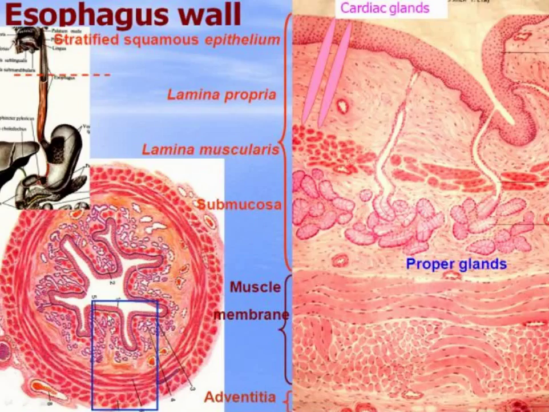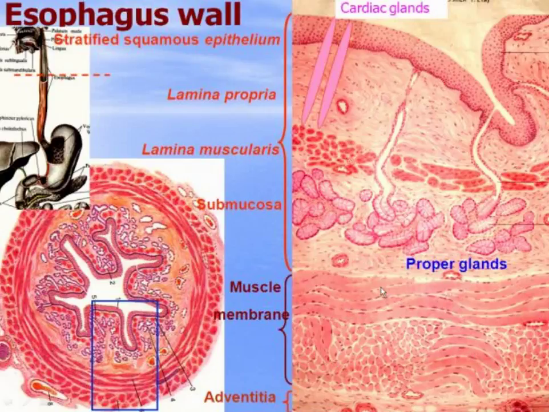This picture demonstrates the structure of the esophagus wall under the microscope. You can see three membranes: inner mucous membrane near the lumen of the esophagus, middle muscle membrane consisting of two layers of striated muscle tissue.